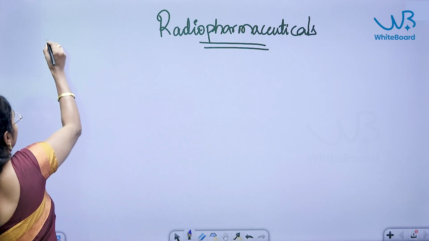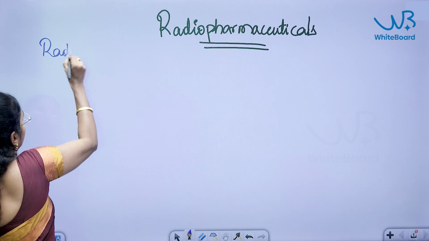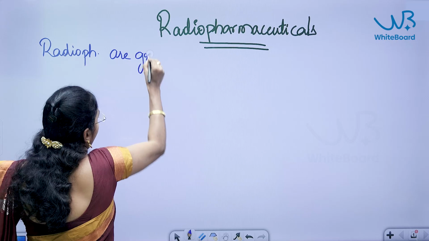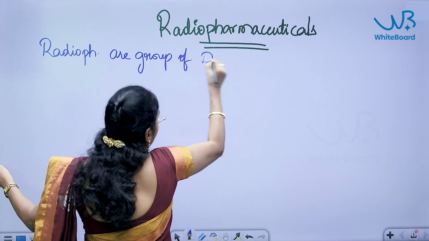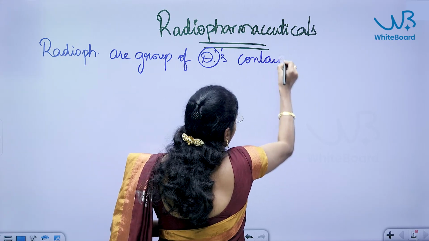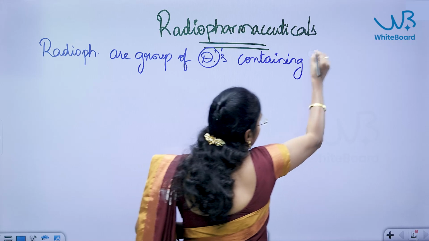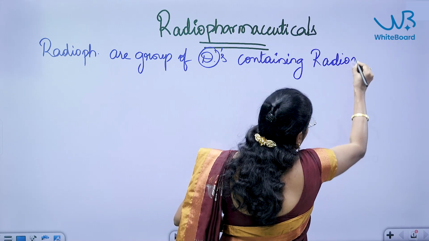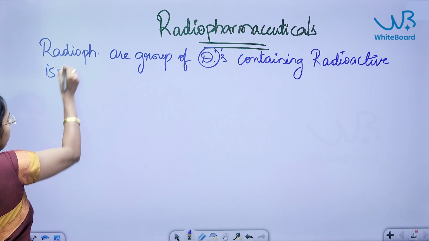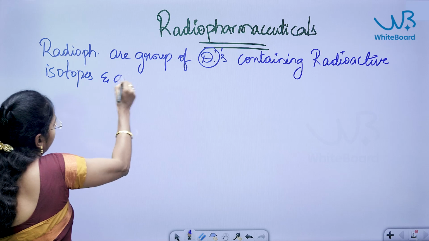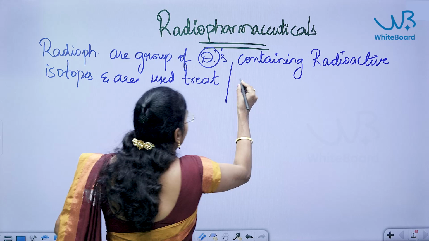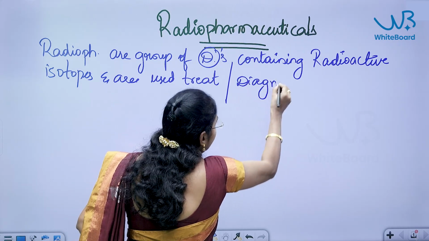So, radiopharmaceuticals are those substances or group of drugs which contain radioactive isotopes and are used for treatment or diagnosis of certain diseases.